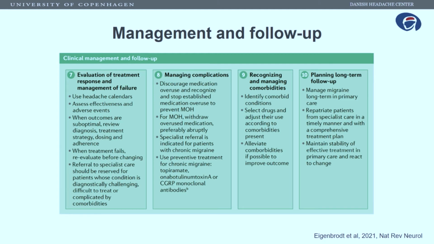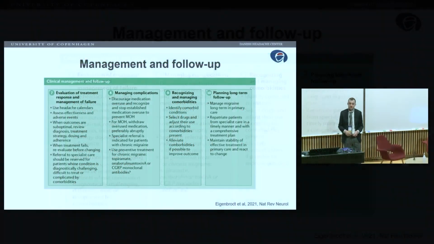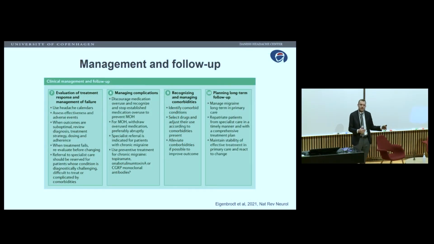Reevaluate before just changing, and refer to specialist care if it's diagnostically challenging, if it's difficult to treat, or if you have a lot of comorbidities that makes it difficult to choose a prevention in this specific case.